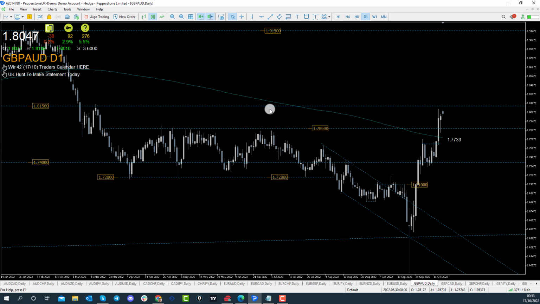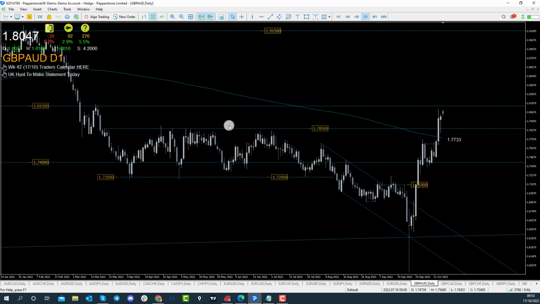So I've got up here pound Aussie. Pound has recently found some support in the market, and we've seen that pound has started to strengthen, which is reflected on the live Forex Strength and Weakness tables, and the Australian dollar remains pretty weak. We can see that price is currently trading above a key level of 1.7850.